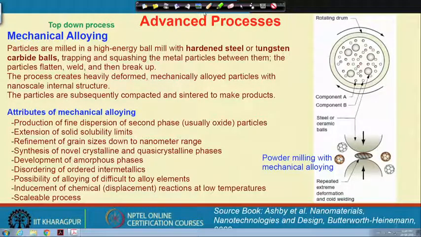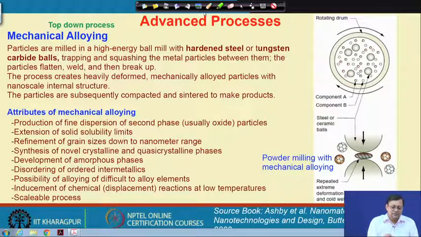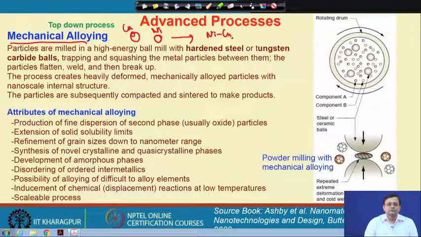The term mechanical alloying itself says that it has something to do with the alloying of different elements. I can have copper and nickel as individual particles, and by this mechanical alloying technique we can make an alloy of nickel and copper.